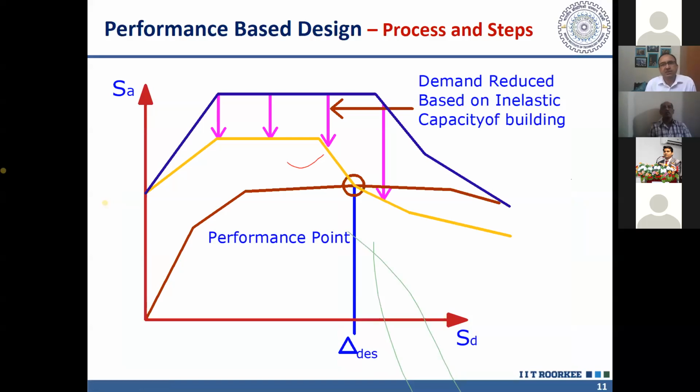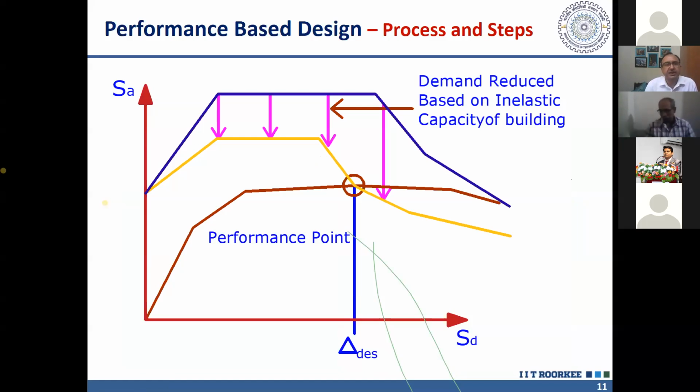Now this method, what we are actually doing, this performance-based design is based upon the realistic estimation of the ductility capacity of the structure, because the ductility capacity will decide how much energy our structure can dissipate. So we have taken this into account in our conventional design using response reduction factors.